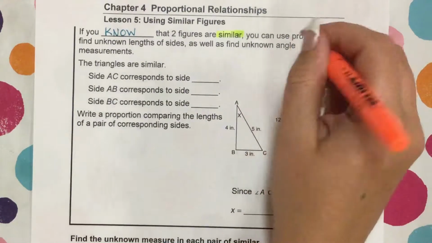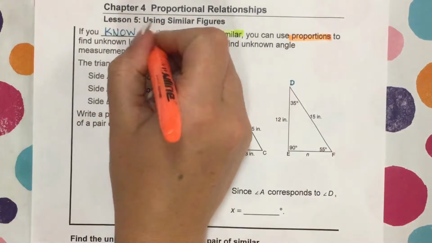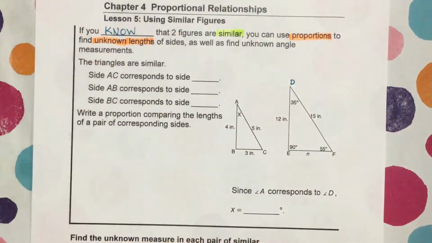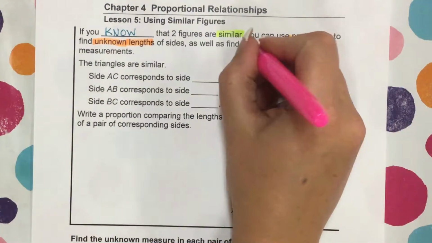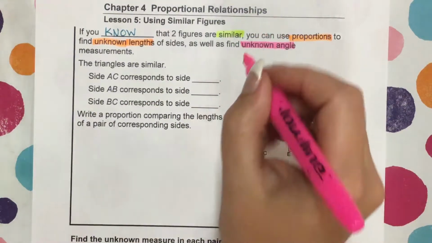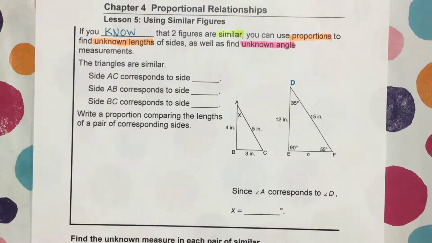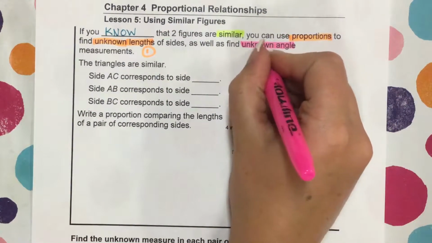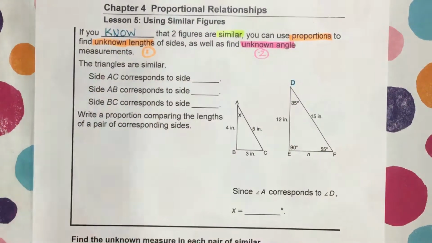The first thing is to use proportions to find unknown lengths, things you don't know, and you can find unknown angle measurements as well. So the first thing is find the length of sides. The second thing is find angles. And that's only if you know that two figures are similar.